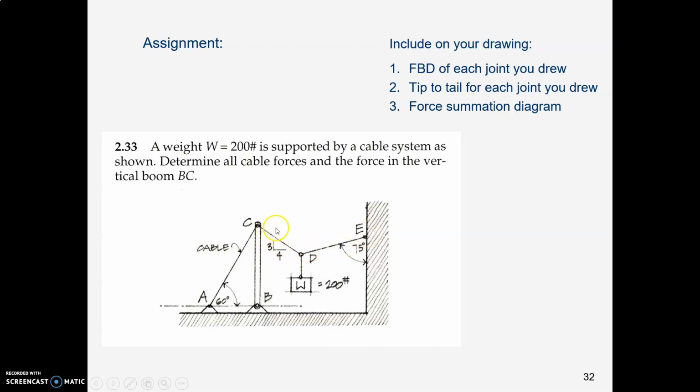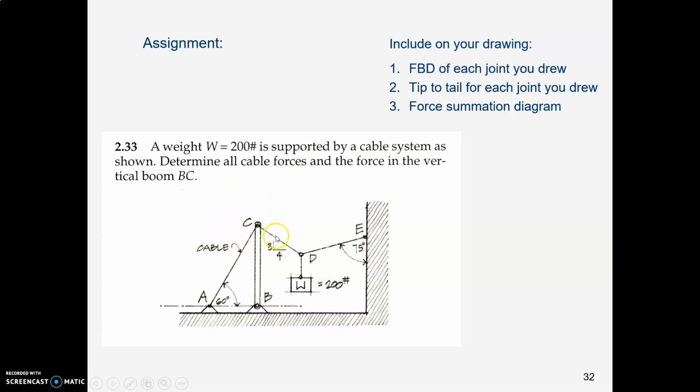And you can then write those numbers on this force summation diagram. Once you know those forces, so now you'll know CD. So now which joint would be good to focus on? Well, you're probably thinking joint C, and you are right.